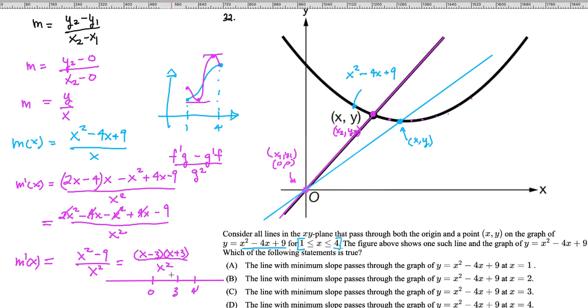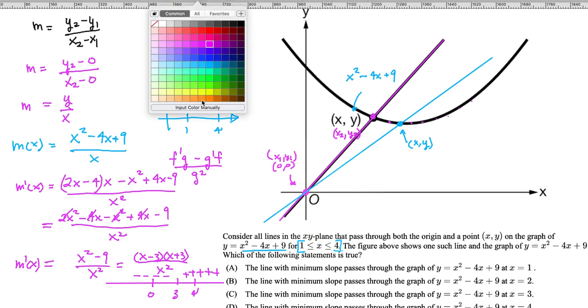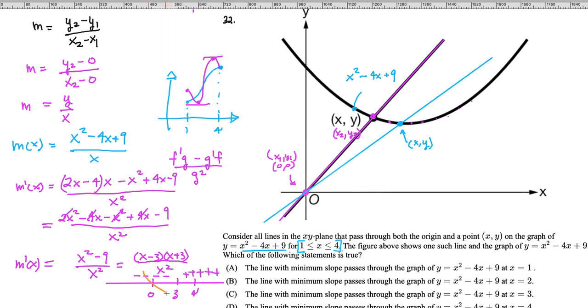If I plug in 0, to the left of 3, I'm going to get a negative value. So my function is decreasing all here. Then if I plug in 4, I'm going to get a positive value. So my function's increasing. So it is indeed the case that at 3 I get a minimum. It's decreasing and then it's increasing. So this is a min.